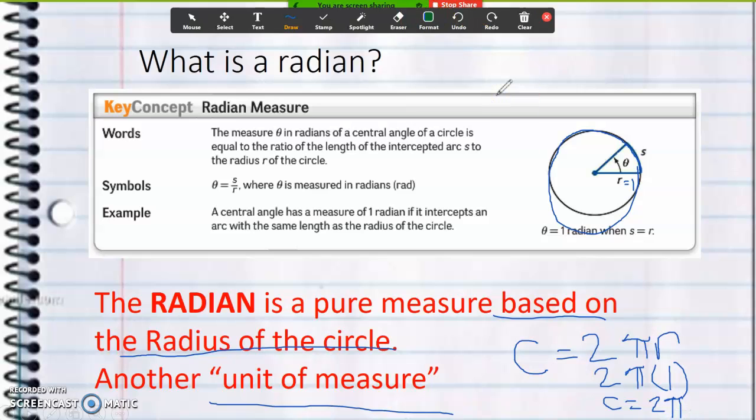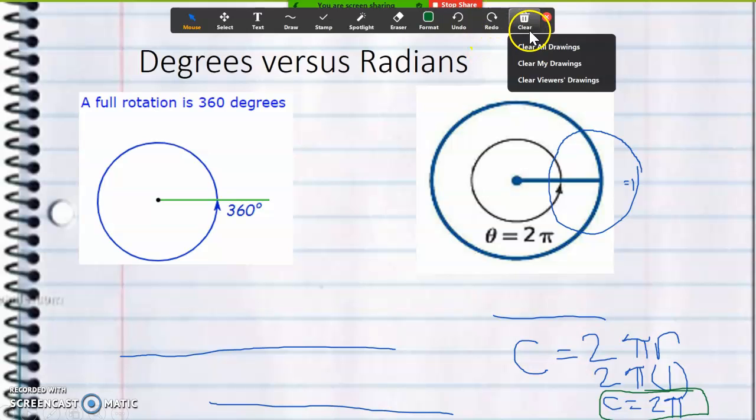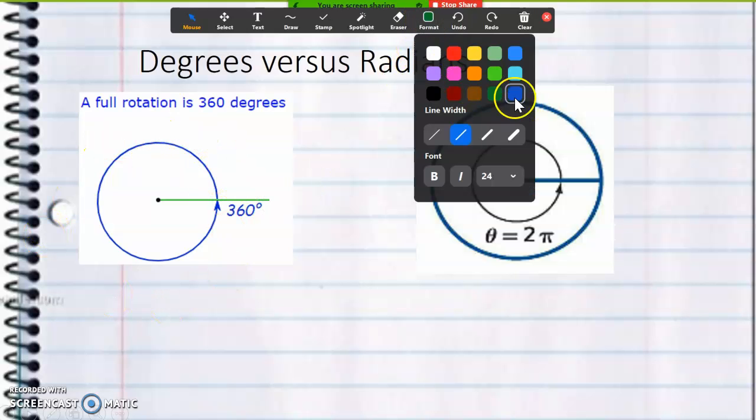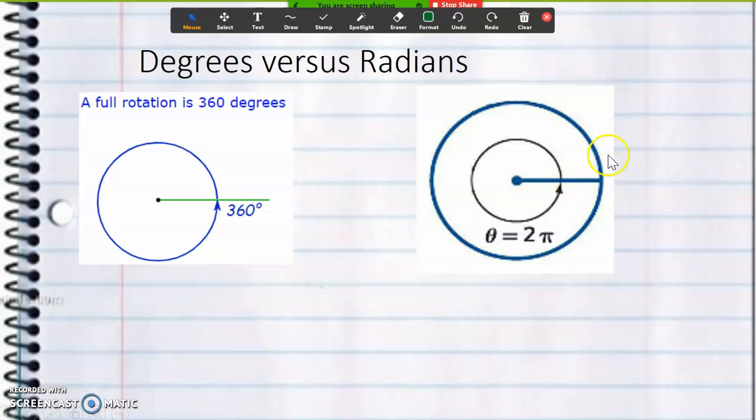So you need to know that a radian is a unit of measure based on the radius of the circle, and that the distance around a circle in radians is the circumference, and that's 2 pi. So if we're looking at degrees versus radians, we know that a full rotation all the way around is 360 degrees, and the circumference, or the distance around the circle, is 2 pi.